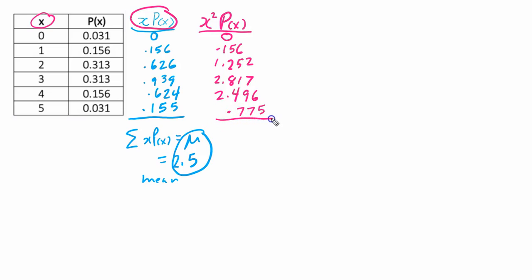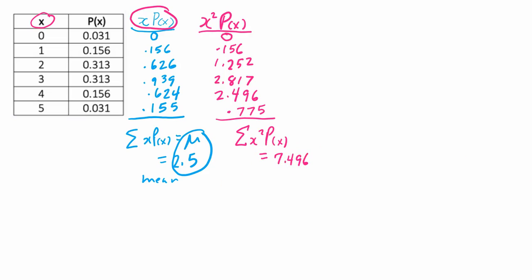Okay. Now I want to add these up. So if you take this list and add everything up, then that's going to give us 7.496. Okay.